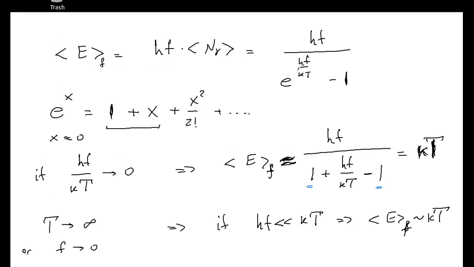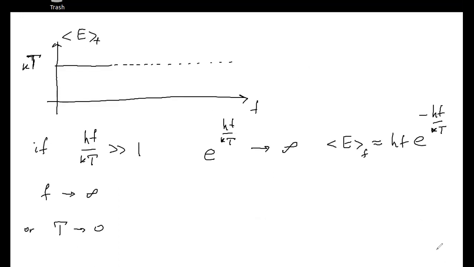I put a negative exponent because I have a big exponent in the denominator. I can move it to the numerator, but I have to put the negative sign. This is very interesting because at higher frequency I have exponential decay, or exponential decrease, of this average energy.